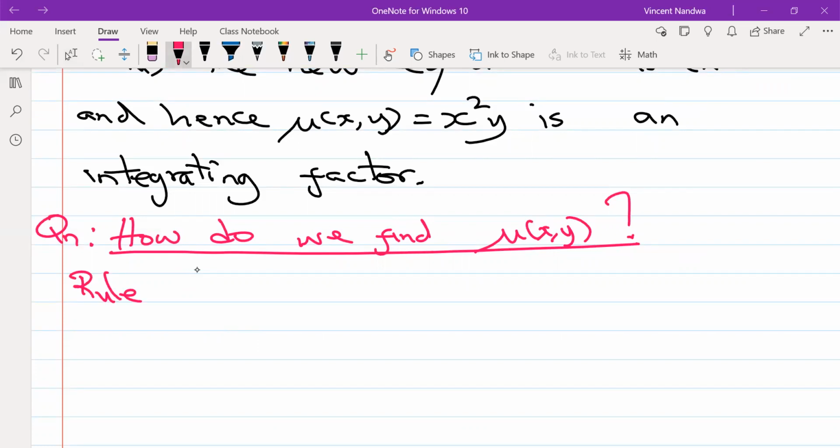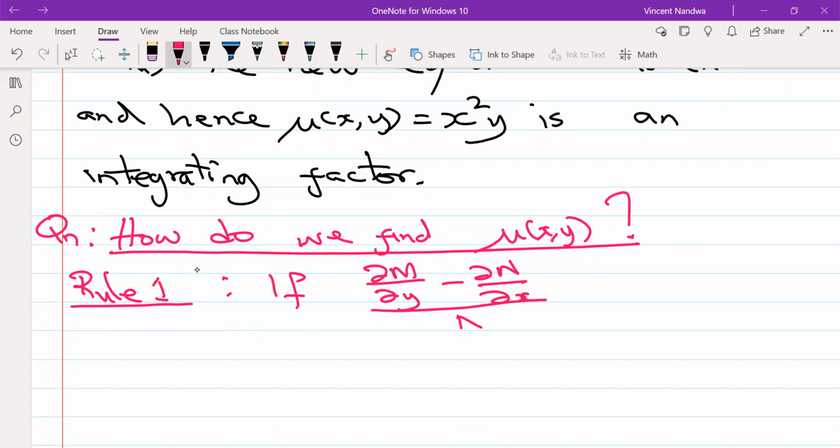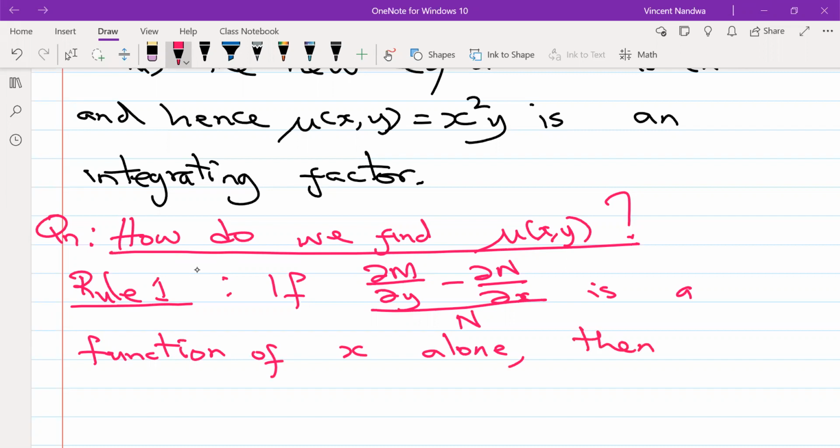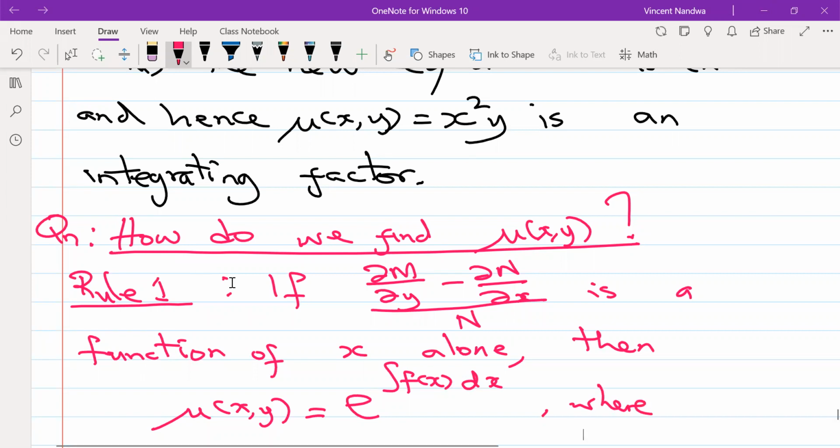So rule one: if partial M partial y minus partial N partial x, divided by N, is a function of x alone, then mu of x,y is given by e raised to the power of the integral of f of x dx, where f of x is this quotient.